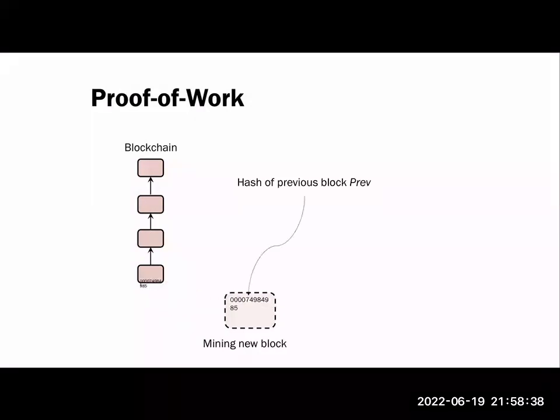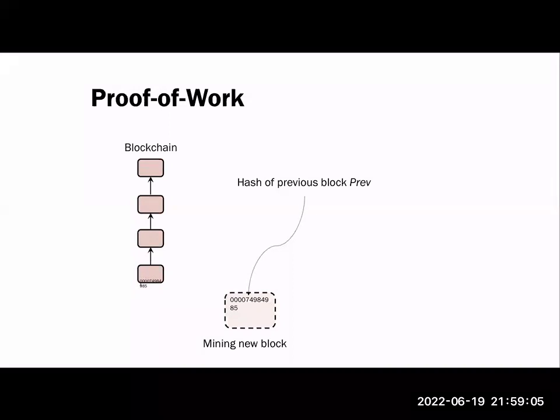All right. So what does it do? It first looks at the hash of the previous block that it wants to mine on. When I say mine on a chain, it means that it looks at the block at the tip of the longest chain and takes the hash of the previous block. A hash is typically 256 bits.